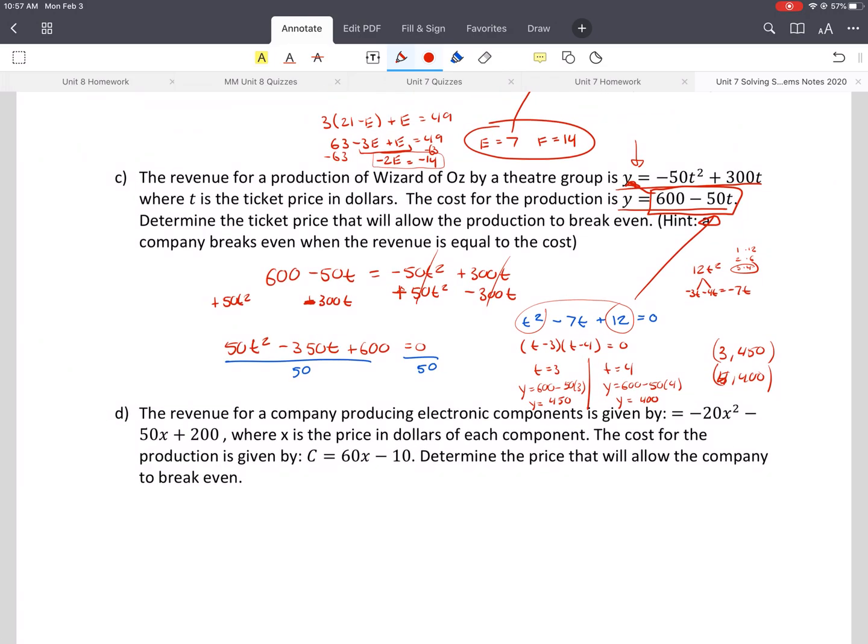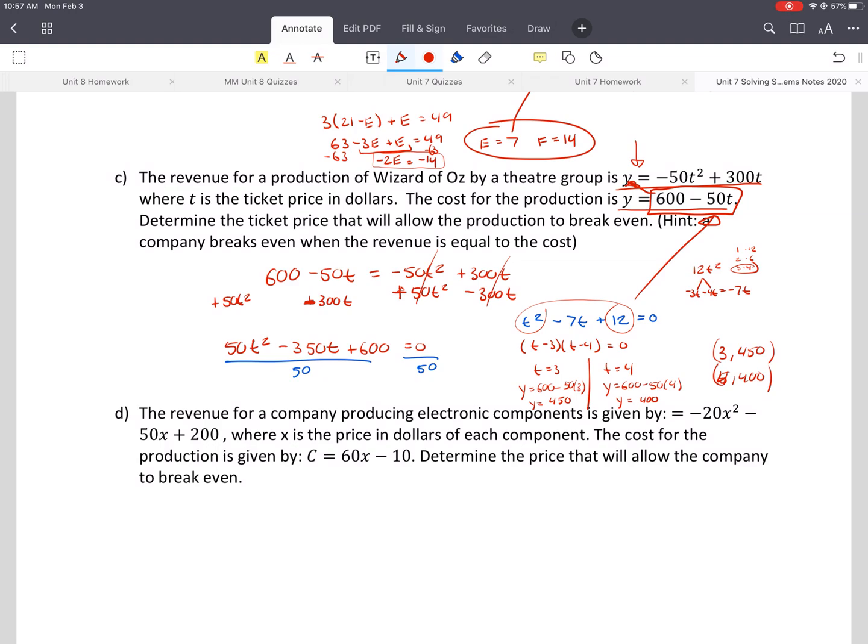So it says, determine the ticket price that would allow the production to break even. All right, so t is ticket price. Oh, I see.